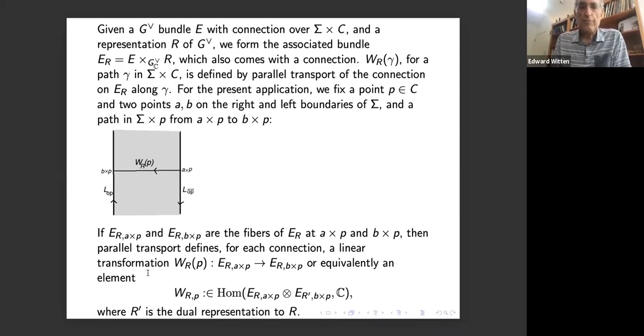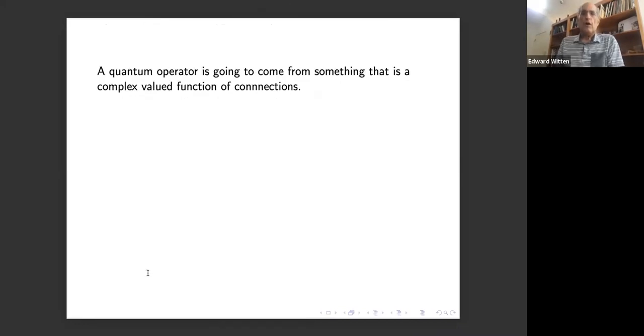It's a linear map from a certain vector space to complex numbers. A quantum operator is going to come from something that's a complex valued function of connections that we then quantize.